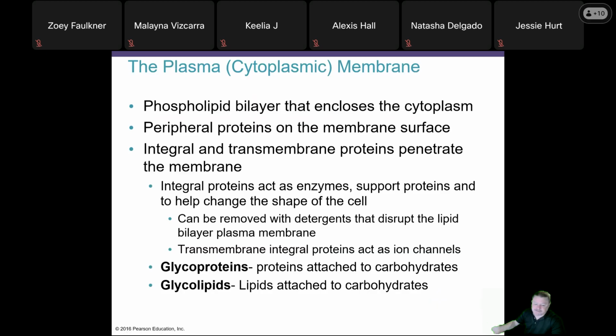It allows certain substances to get in the cell, certain substances to get out of the cell. We do have glycoproteins and glycolipids that are attached to the cell, and sometimes these can be antigenic, which means our immune system can pick up on those and read it and say, okay, this is not human, I need to get rid of this. So again, this is part of the plasma membrane, not the cell wall itself.